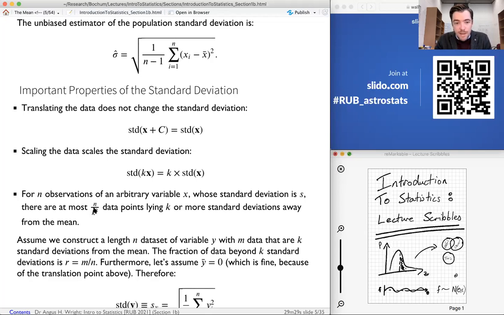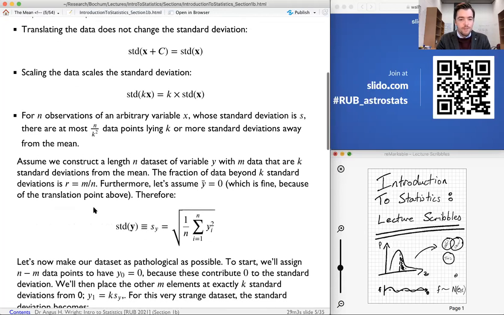So what does that mean? That means that given a particular data set, there is always a maximum number of data points that can exist a certain number of standard deviations away from the mean, given the definition of sample standard deviation and the definition of the arithmetic mean. And that might be a little bit difficult to comprehend. So we can prove that as well.